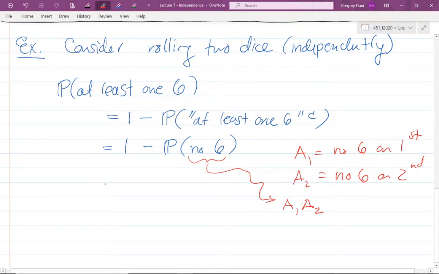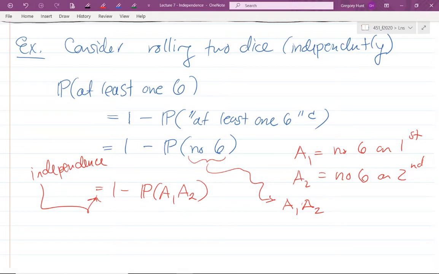And so I can rewrite this as 1 minus the probability of A1 intersect A2. Now we're going to use our independence here. Once I've converted this into an intersection problem, that's real nice because I know I have independence, and that independence will allow me to break apart this intersection as 1 minus the probability of A1 times A2.